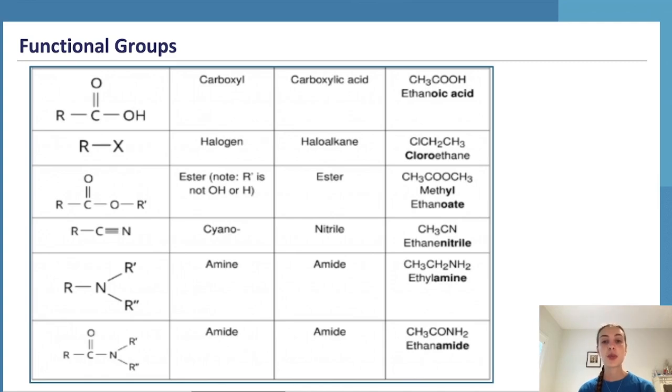But then from that single bonded oxygen onwards, they continue with another carbon chain, being another alkane chain. This is what's known as an ester. They can also be called alkanoates, and that's just based off their naming structure.